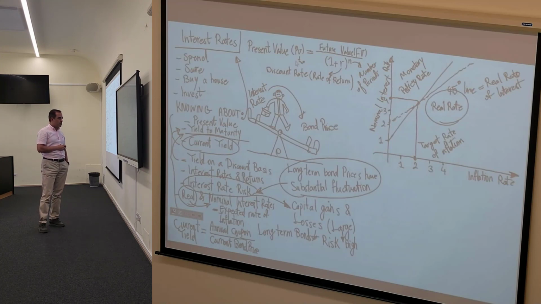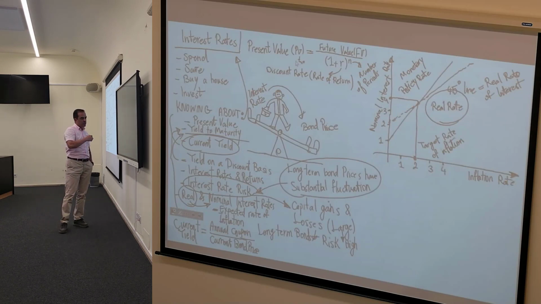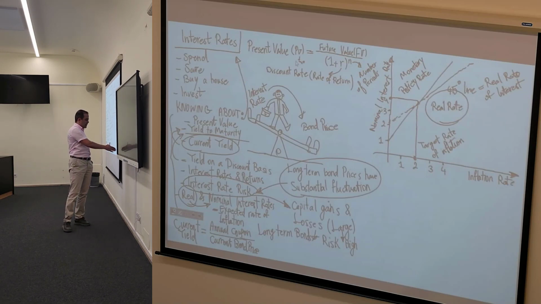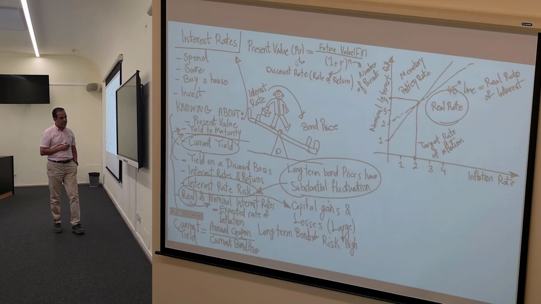So the current yield and the yield on a discount basis are a kind of approximation for the yield to maturity. And we could see the current yield as the annual coupon over the current bond price.